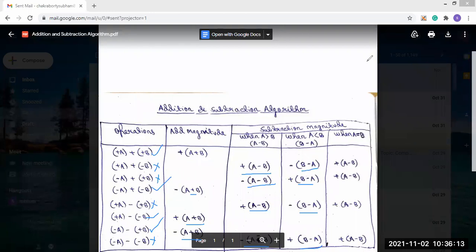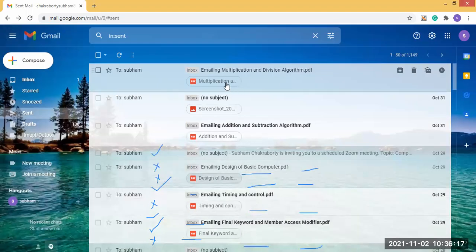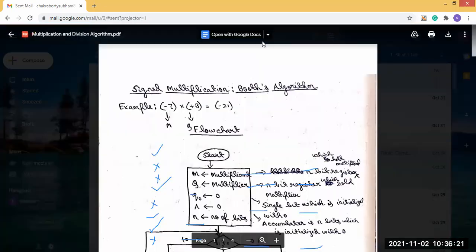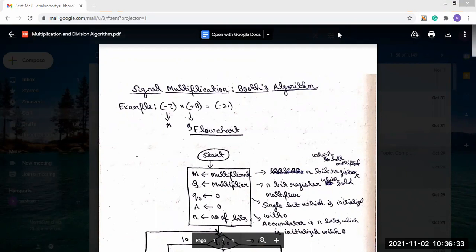Now we will see the multiplication, how the multiplication has to be done in our system. For signed multiplication, for signed values, that is minus and plus, this algorithm is very important, that is Booth's algorithm.